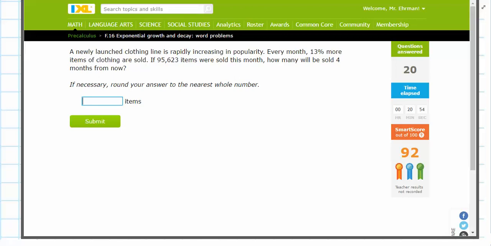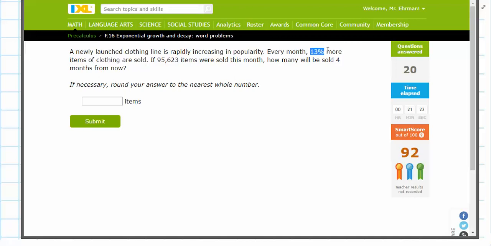Now on Monday, we'll spend some time looking at maybe some of the patterns that may have developed, some of the shortcuts that you may have learned while doing these practice problems, and also we'll talk about what it would take to work backwards and solve for a variable in the exponent. So perhaps we know how many items in this example were sold during a particular month, and we know what our growth rate is.